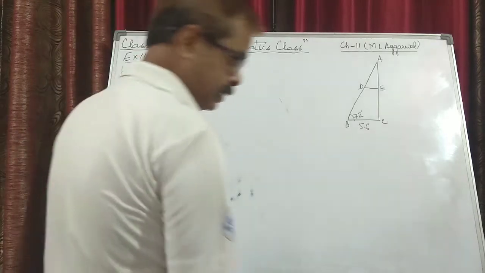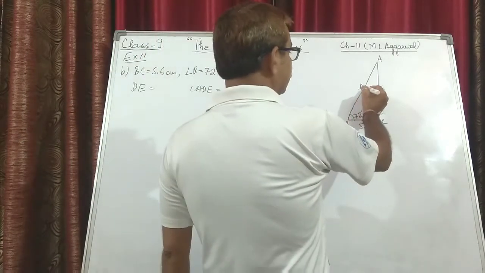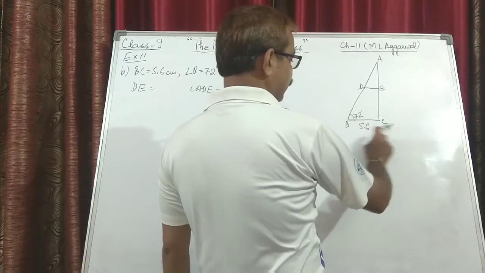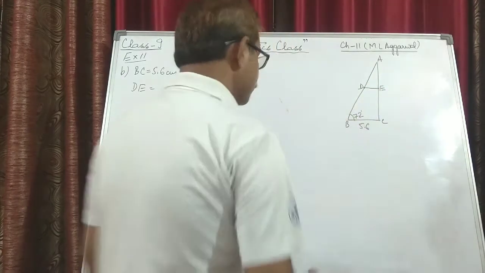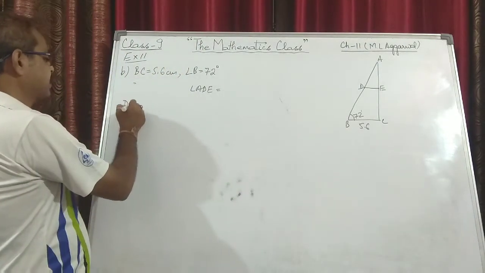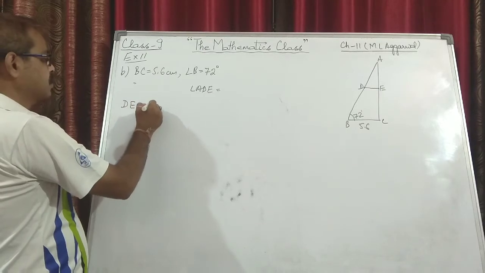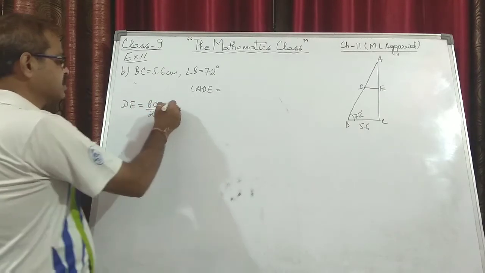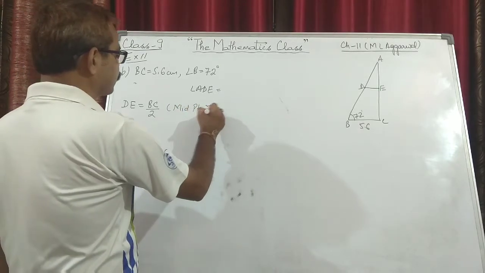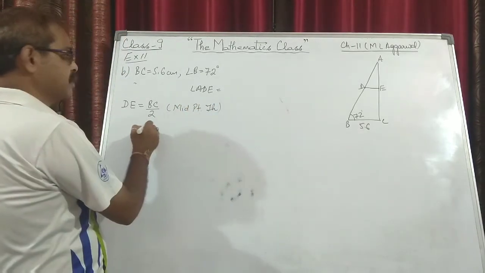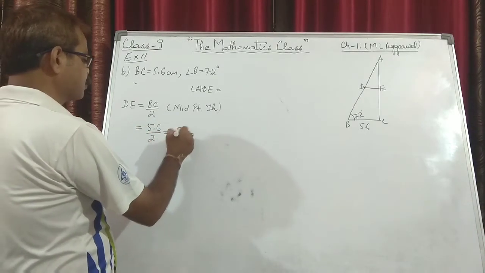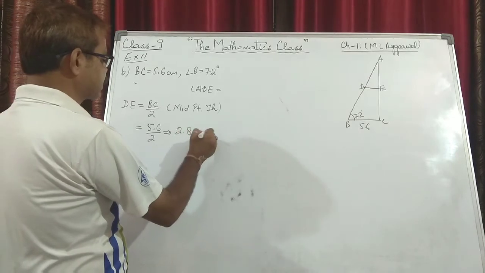Now you know that in a triangle, if a line joins midpoints of two sides of the triangle, it is parallel to the third side and half of it. So DE is equal to BC by 2. Reason, midpoint theorem. If you want, you can write this. Now BC is 5.6 upon 2, that becomes 2.8 centimeter.